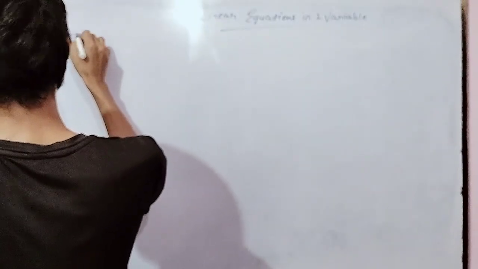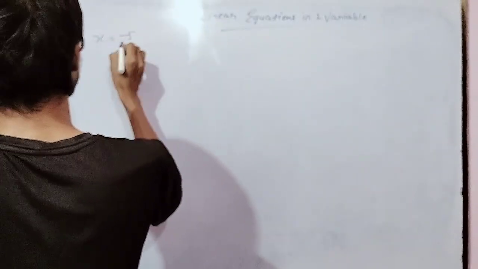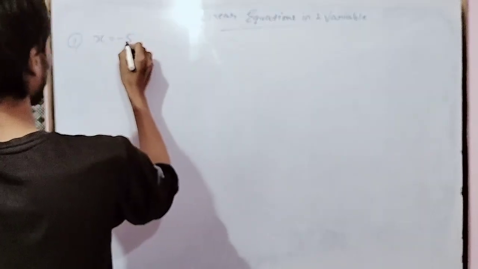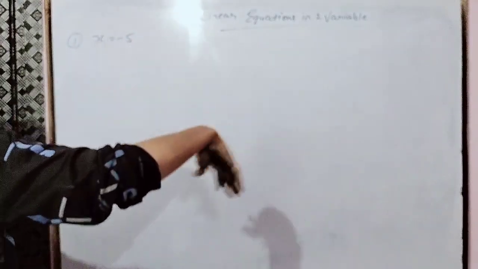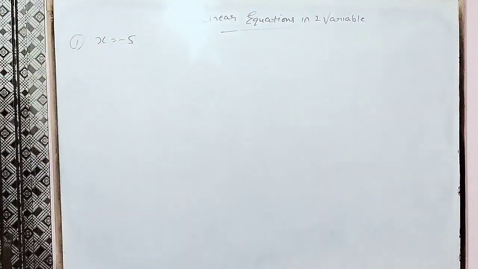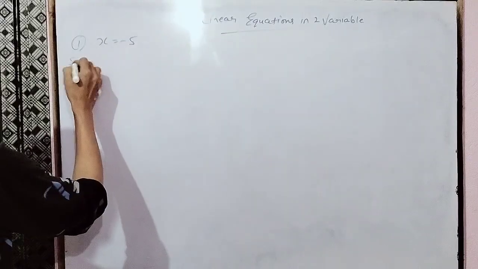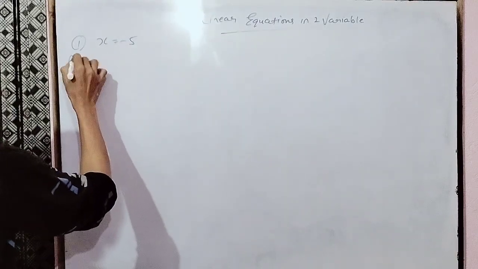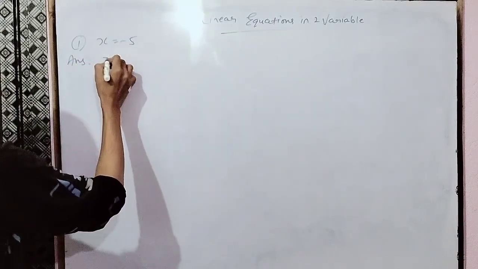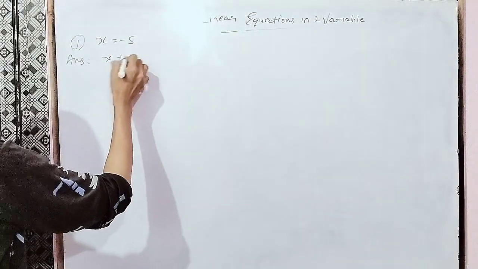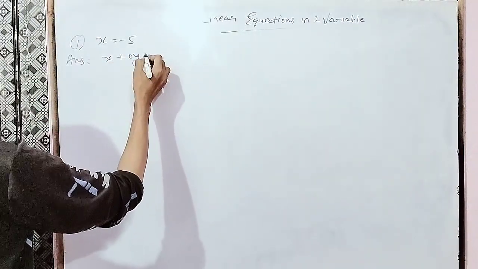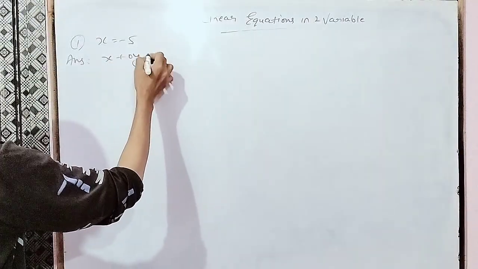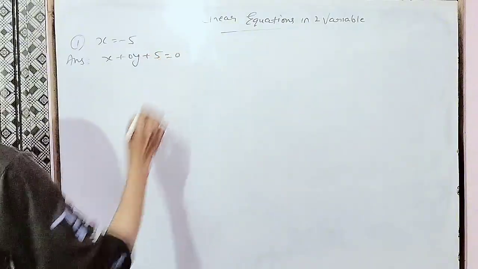For example, x is 5. This is given to you, and you have to write this in two variables. How will you write? You would say this is x, and we don't know what y is, so 0y. This will come to this side, then it will become plus 5.